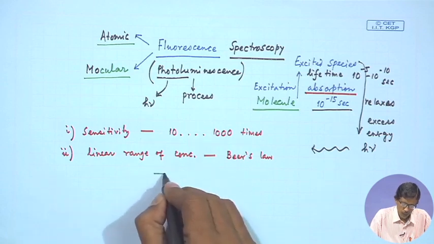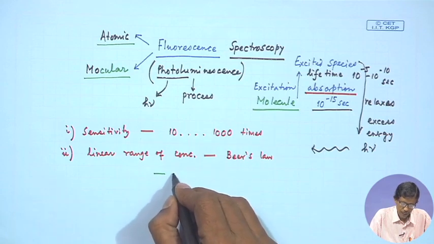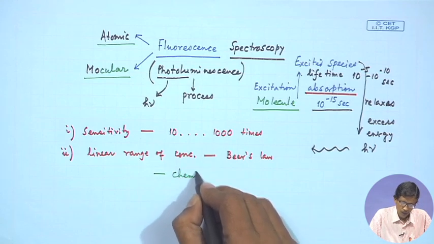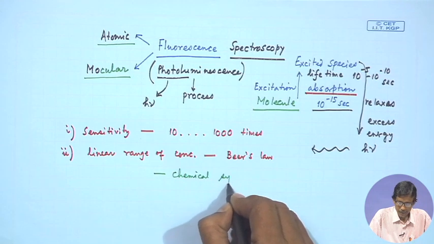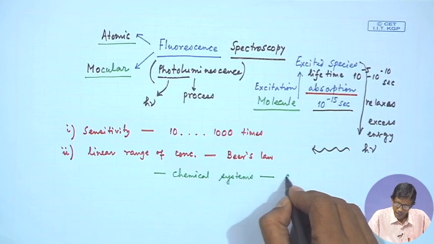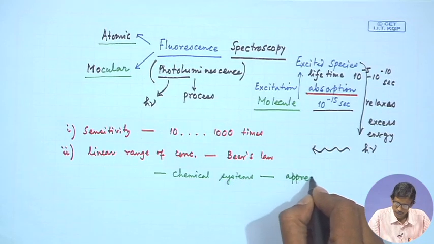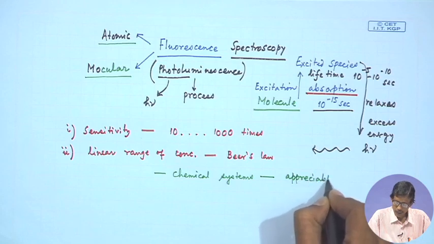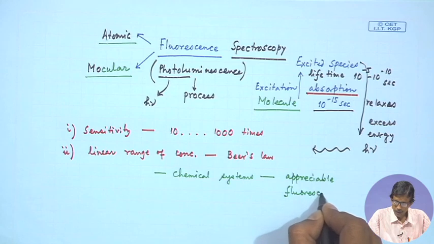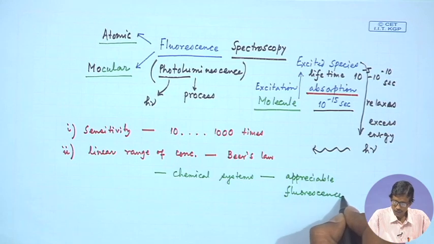But only a limited number of chemical compounds or chemical systems show appreciable fluorescence, otherwise we cannot measure it.